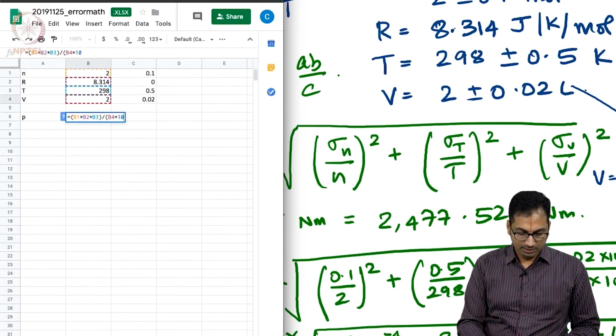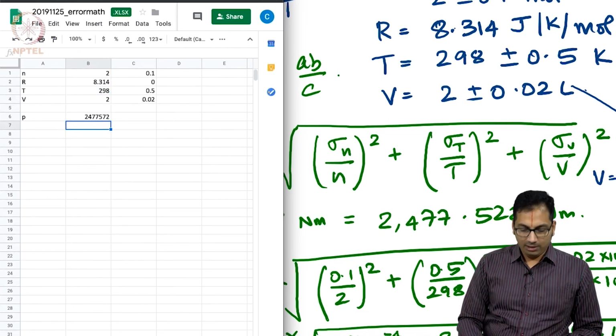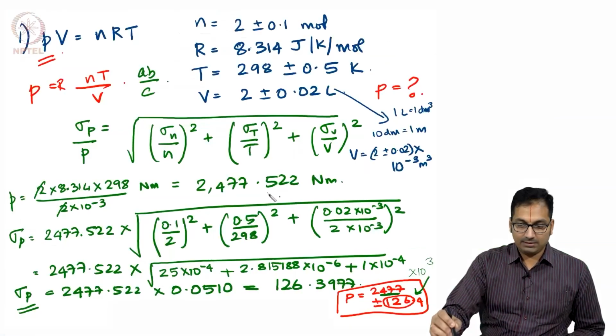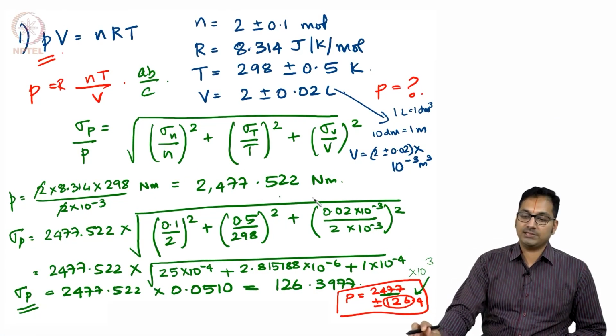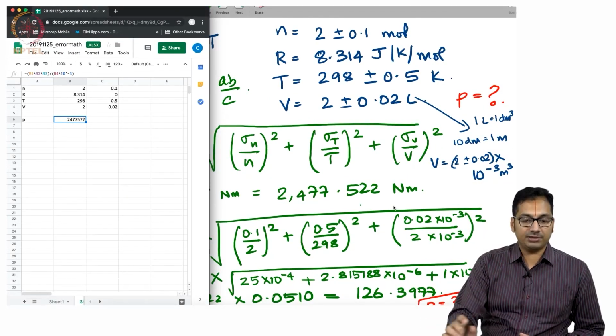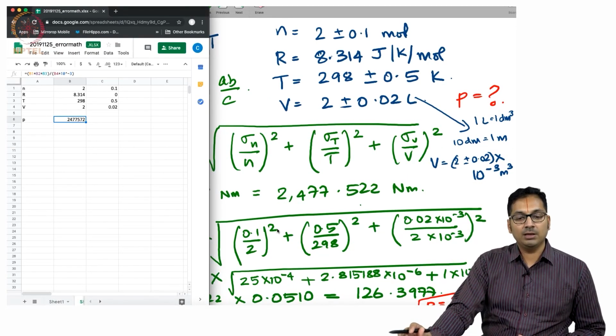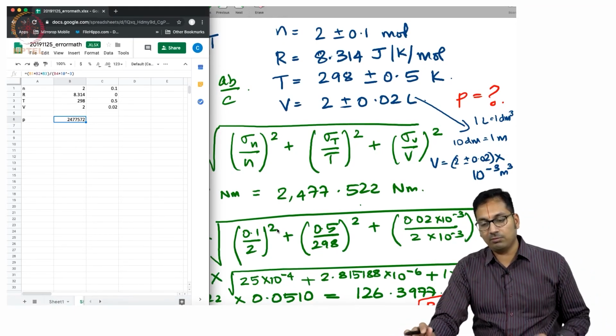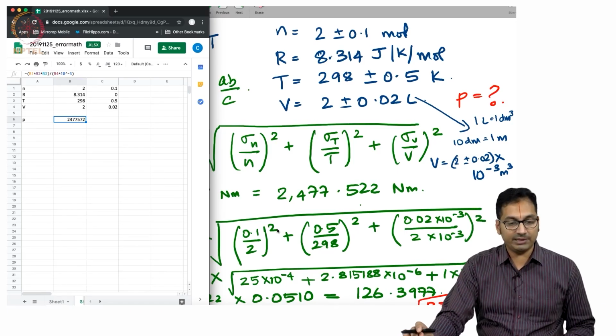So the volume here comes up in SI units, as we did figure out last time. The pressure was found out to be 2477.522, but in reality we have missed 10 power 3, so the answer turns out to be 2477.572, basically 3 orders of magnitude higher.